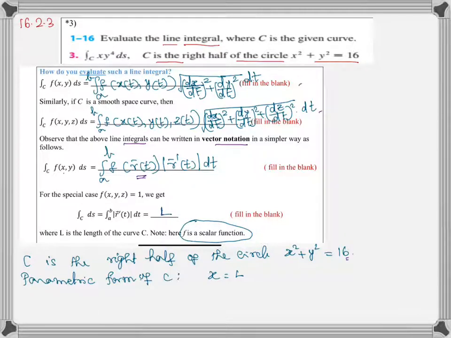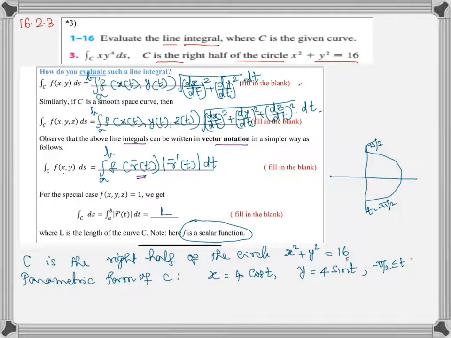So x equals 4 cosine t, y equals 4 sine t. If you consider the right half of the circle, we notice that t runs from negative pi by 2 to pi by 2. So the interval of integration becomes negative pi by 2 through pi by 2.